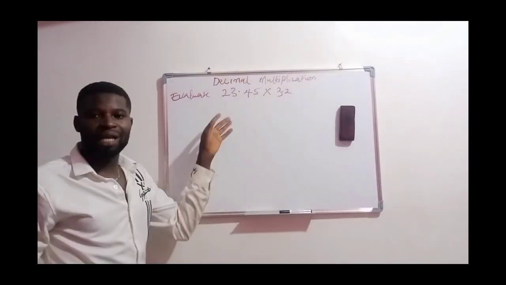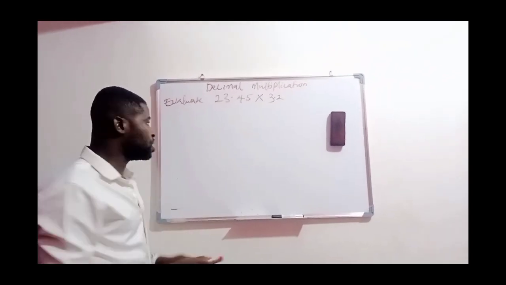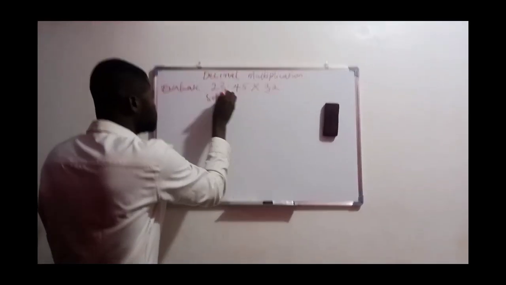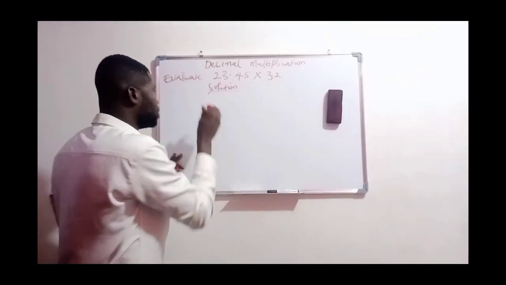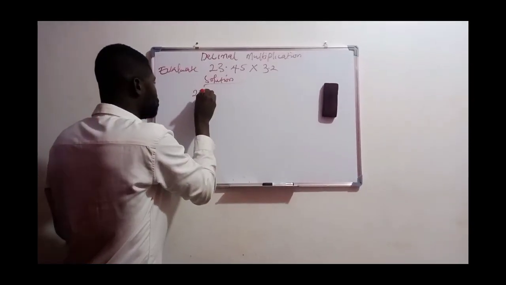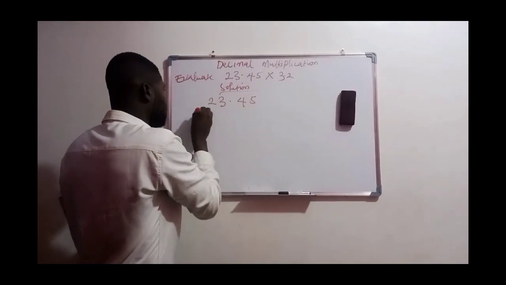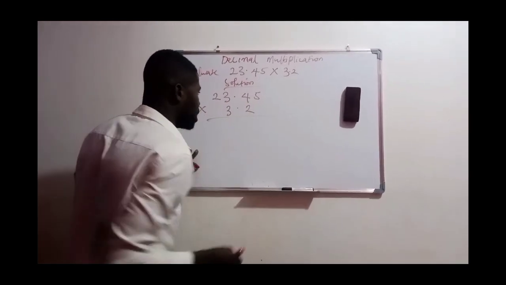Now, in this example, to be precise, we follow our normal procedure, which is solution. After your solution, you bring back the question, that is 23.45 multiplied by 3.2.